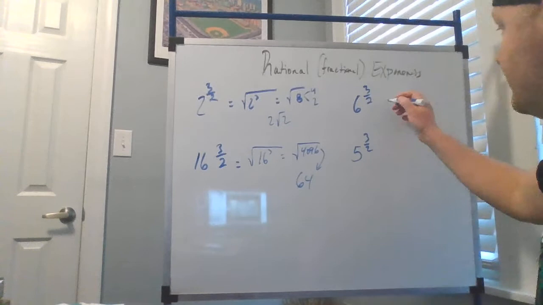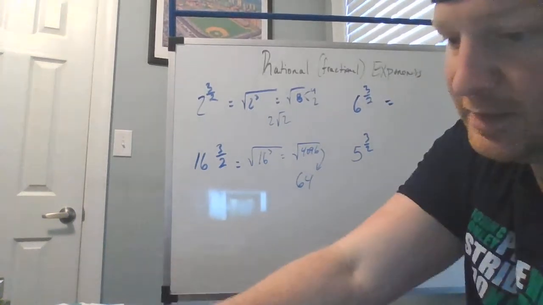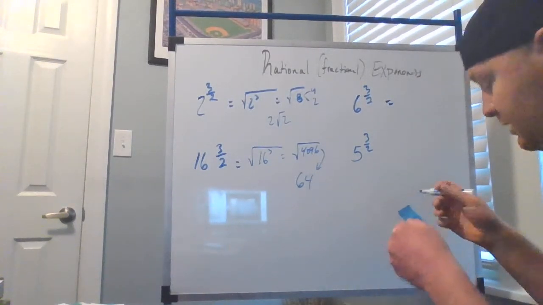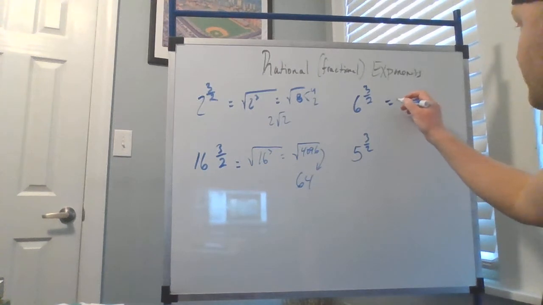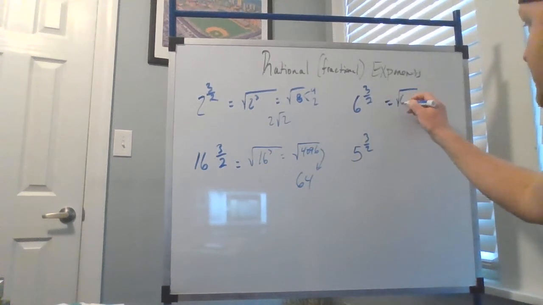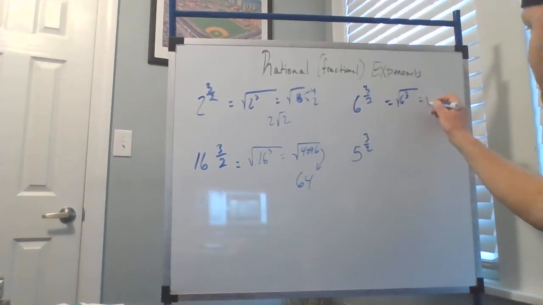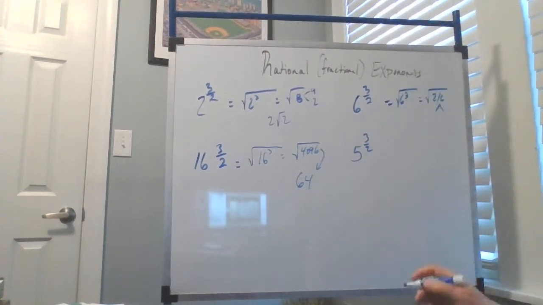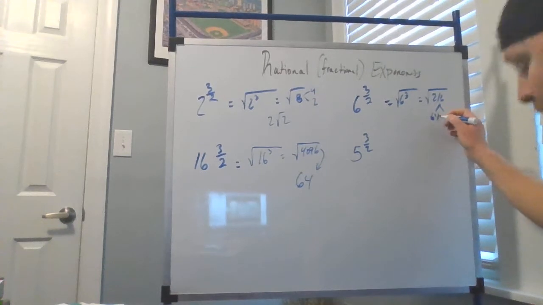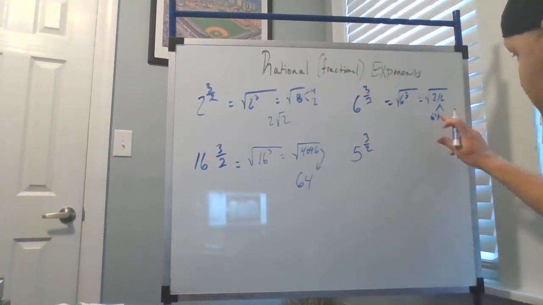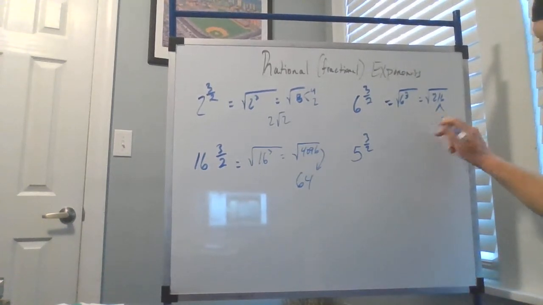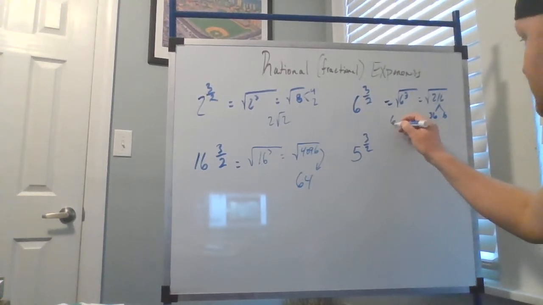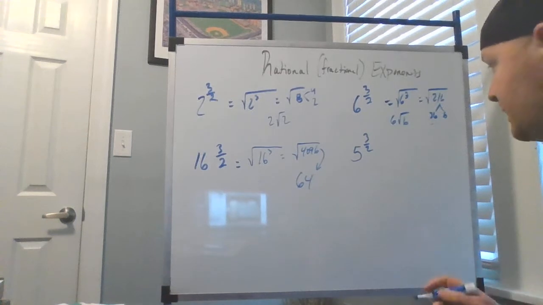Going further, I got this one right here, and I know that 6 to the power of 3 is equal to, well, first of all, let's just write this out. We know this is square root, 6 to the power of 3, which is equal to the square root of 216, and embedded inside of 216 is a 36 and a 6, so this is going to equal 6 radical 6.